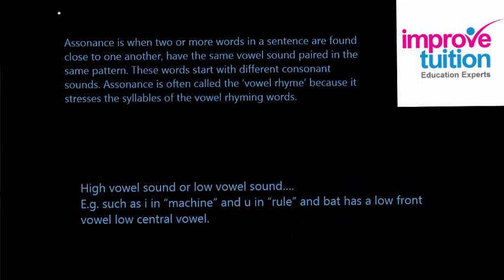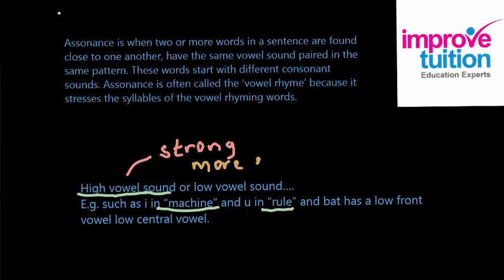Okay, let's look at high vowel sounds, or words such as machine and rule. These words are much stronger because there's a high vowel sound, and they show more emphasis.